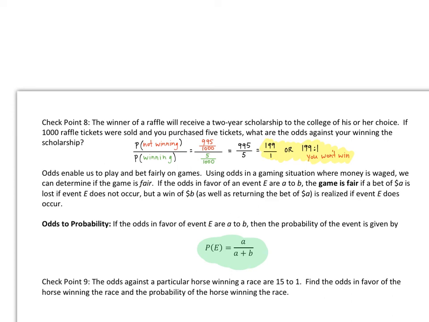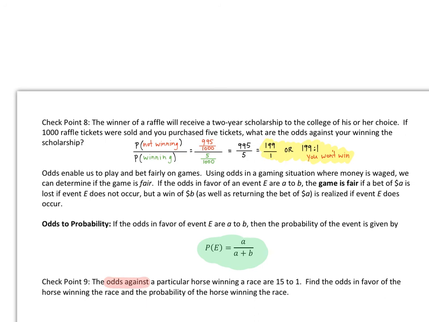That's what it's saying. So this last checkpoint says the odds against, so remember, we have to read carefully. The odds against a particular horse winning a race are 15 to 1. Find the odds in favor of the horse winning the race and the probability of the horse winning the race.